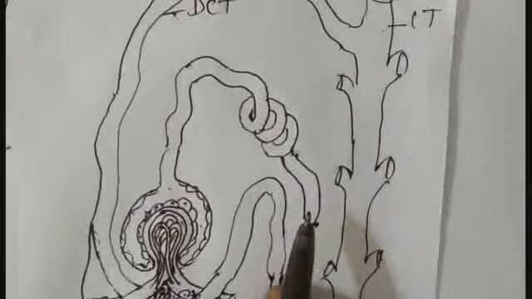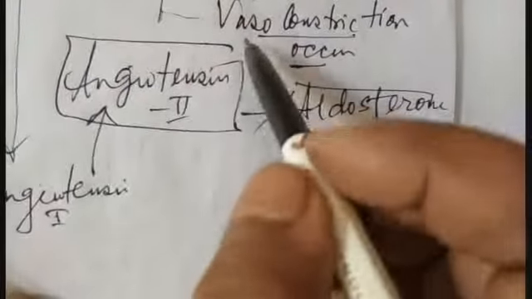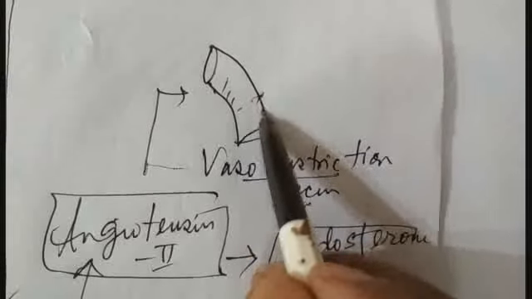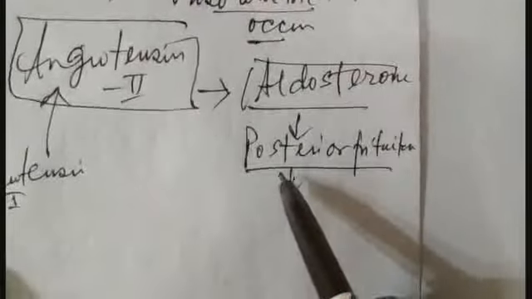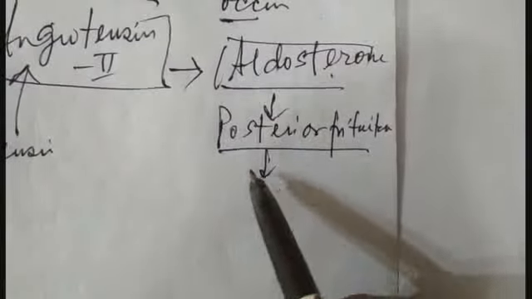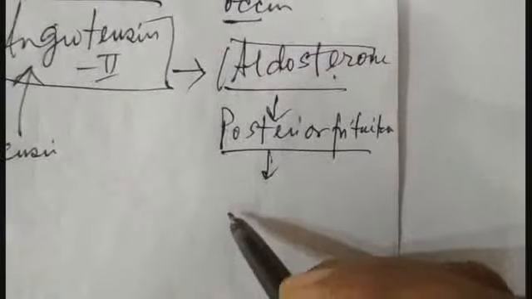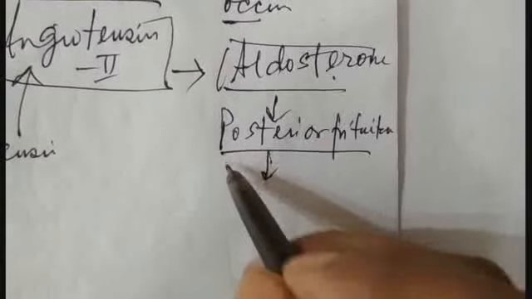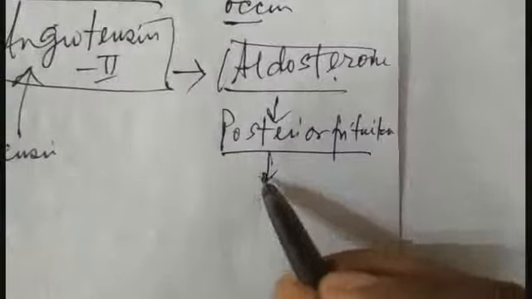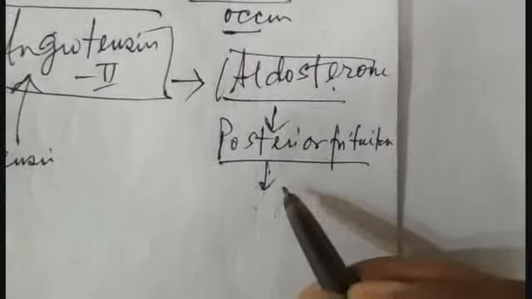So the concentration of the blood increases. So in these two ways, first vasoconstriction, that is the contraction of the artery, and second, production of aldosterone, which helps absorb sodium ion from DCT and CT to the body fluid, the concentration of blood increases and blood pressure is maintained.